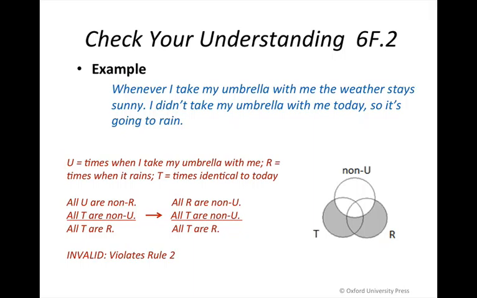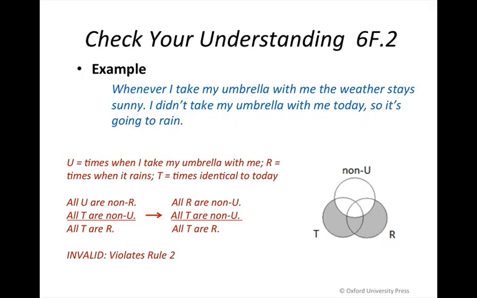Now, we need to reorganize this argument so that we can tell explicitly what our quantity and quality are for each of the propositions, as well as the subject and predicate classes for each proposition. So U is going to be, the capital letter U is going to be times I take my umbrella with me, R times when it rains, T times identical to today.